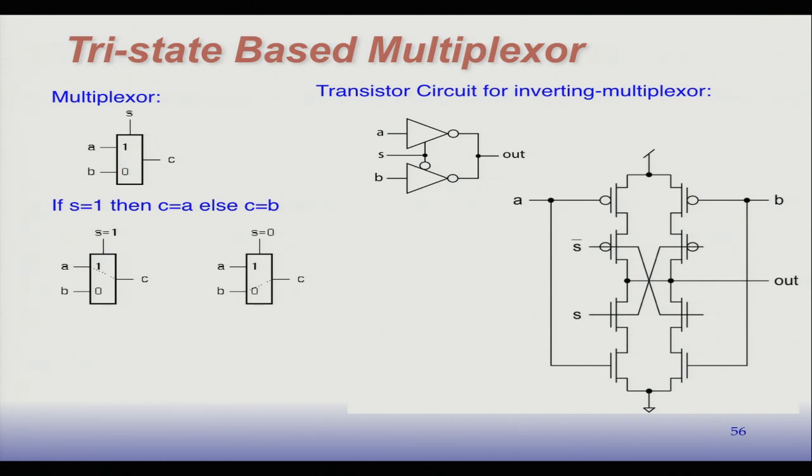And this is a way to implement it using two tri-state buffers. We have one that has an inverting version of the control signal and one that has a non-inverting version of the control signal. Right? So if S is true, then A drives its output out. If S is false or 0, then B drives its output out.